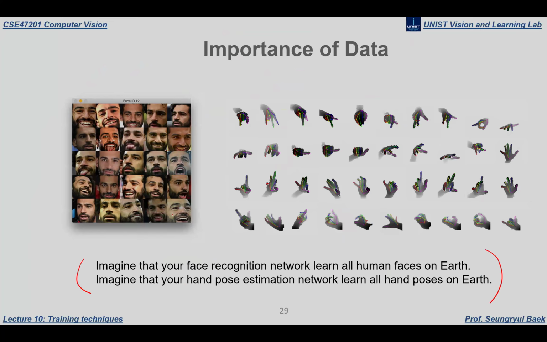This is the application. So in this assignment, which was announced yesterday, you have to do some work with facial data. This was also introduced in the introduction session. For hand pose estimation, if we can show our network all the configurations of the hand poses, then that may work well for the testing data, but in reality, it is not easy.